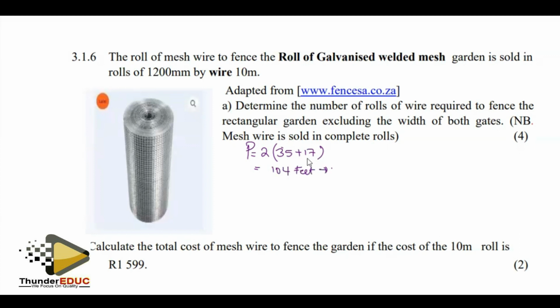We changed them to meters, and the answer we got is 31.6992. Here, we shall subtract the width of the small gate, which is 0.9, and the width of the larger gate.